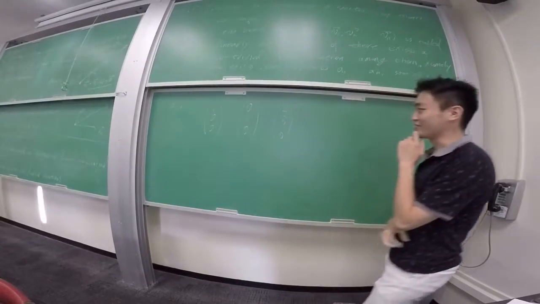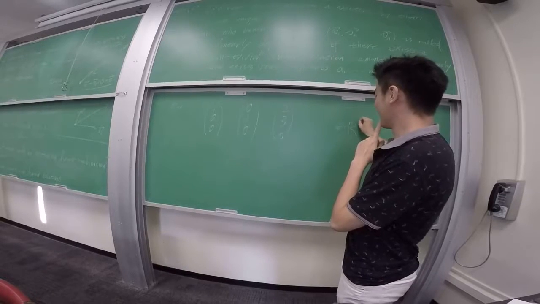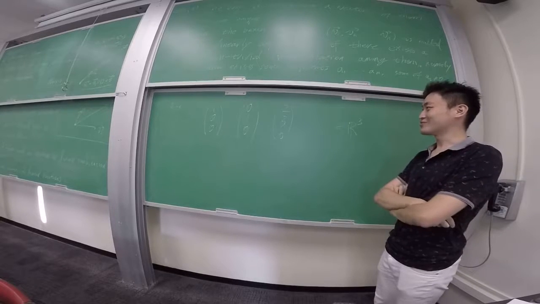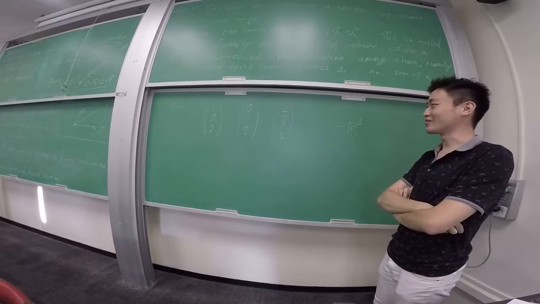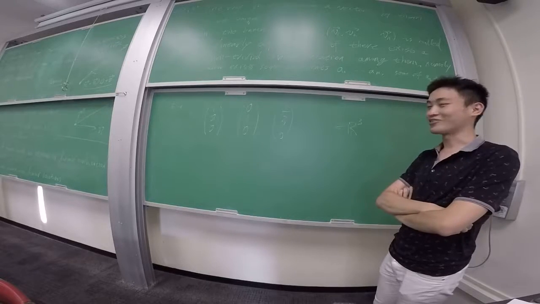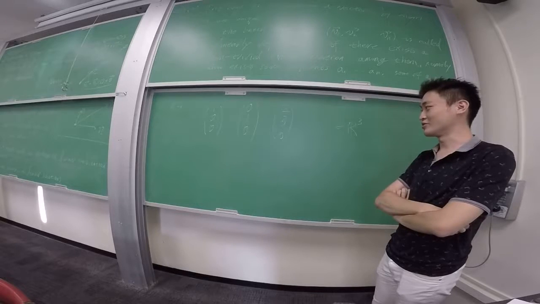Are they linearly dependent or not? They are, right? Why is that? Because as you can see, it seems like some guy is redundant.